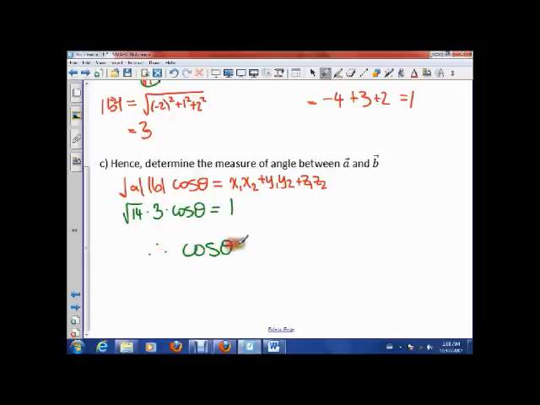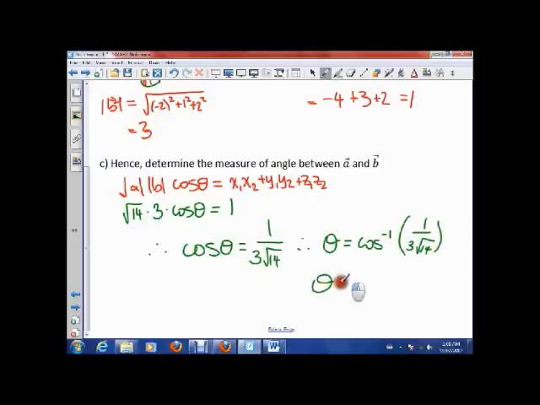So cos theta is 1 over 3 root 14, and I'll let you figure this out, but theta is going to be cos inverse of 1 over 3 root 14. So when you come back to class, make sure you know what theta is.